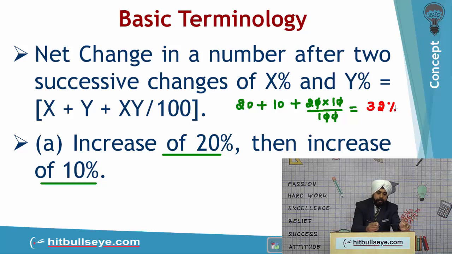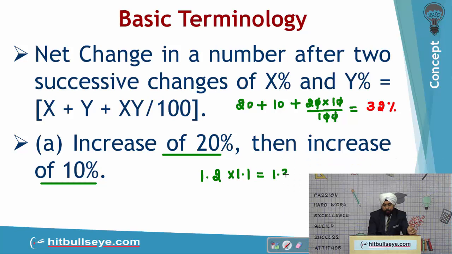Now we can think about the same question like this, students. An increase of 20% will make any number 1.2 times. A further increase of 10% will make this number 1.1 times, and in total this number will become 1.32.